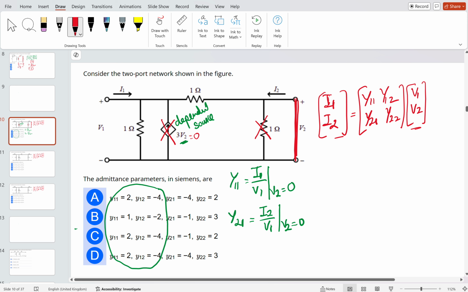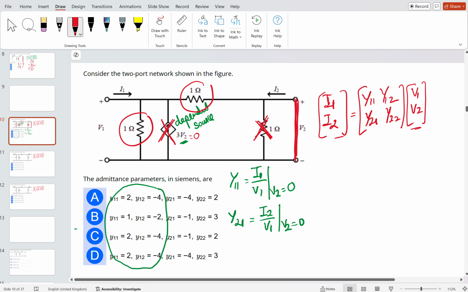So let's find the value of y11. The circuit is simpler because the 1 ohm is not there and this dependent source is also not there. So this 1 ohm and this 1 ohm will come into parallel, since V2 is short circuited.